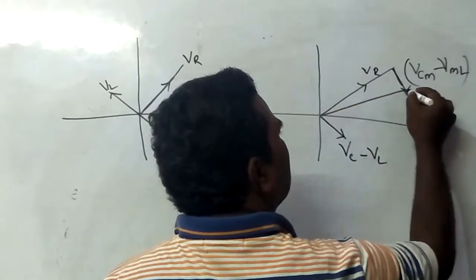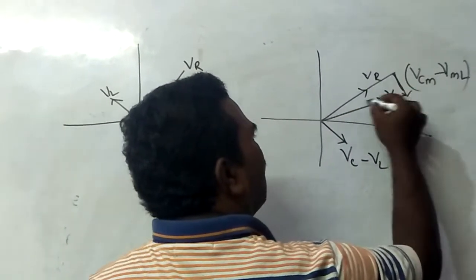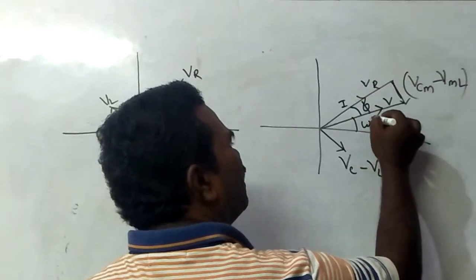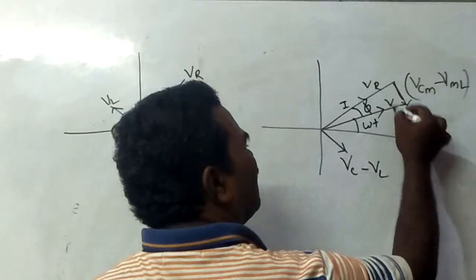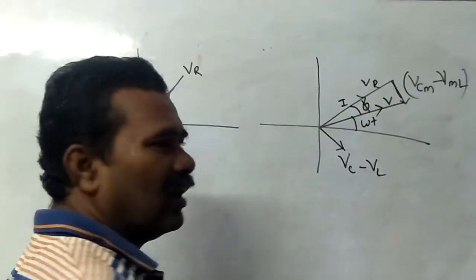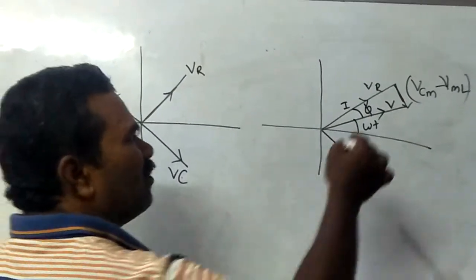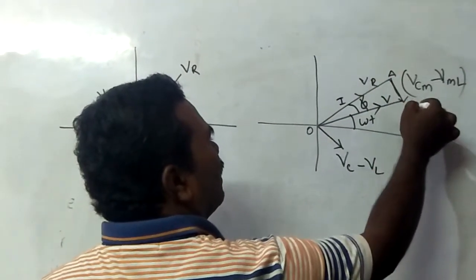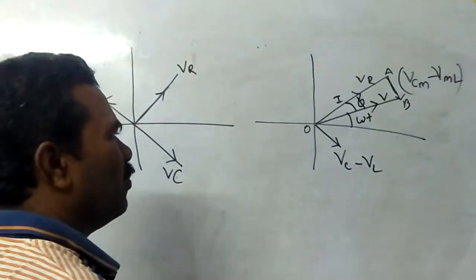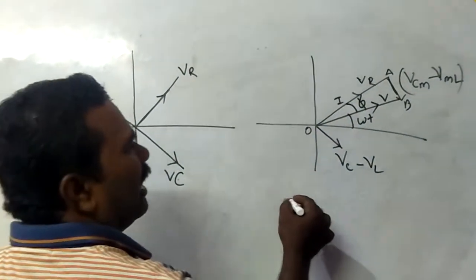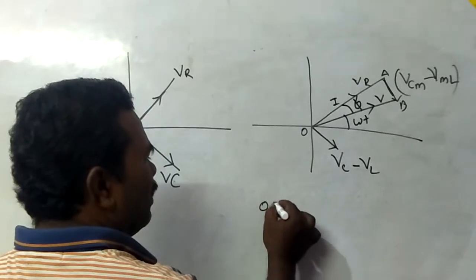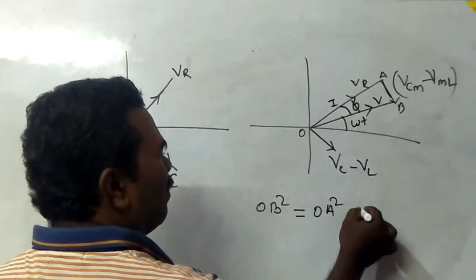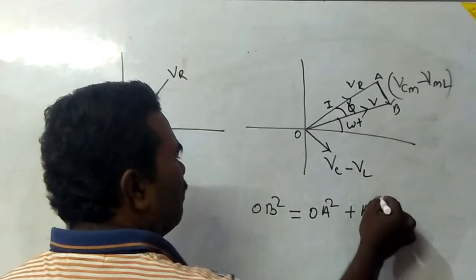Suppose this phasor represents the voltage phasor, and the angle between them is phi. This is the current, this is omega t. The length of this line represents Vm. Let us apply the Pythagoras theorem to this triangle. Let us name the triangle OAB. In OAB we can write OB square is equal to OA square plus AB square.